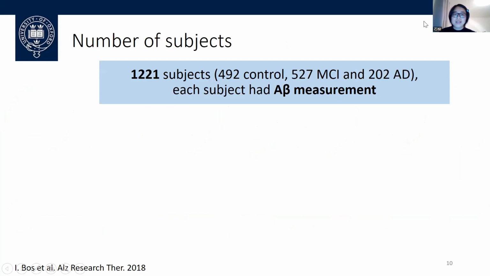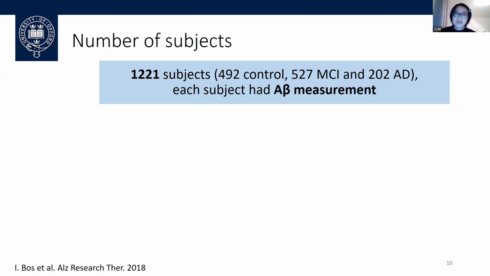So in detail, this study included 1,221 subjects, including nearly 500 healthy controls, over 500 MCI patients, and 202 AD patients. MCI, as I mentioned before, is a stage between healthy control and Alzheimer's disease patients.